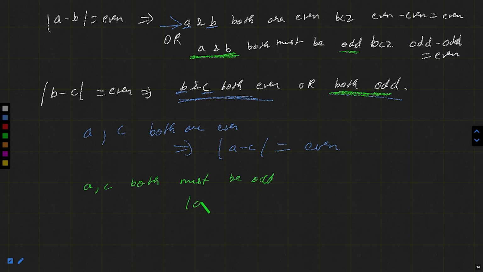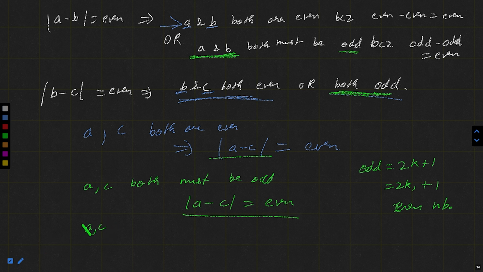So a - c, odd minus odd, will be even. An odd number is something like 2k + 1, and another odd number is 2k1 + 1. If you subtract them, you get an even number. So from both possible cases, we arrive at |a - c| always being an even number. This means (a, c) must belong to the relation R.